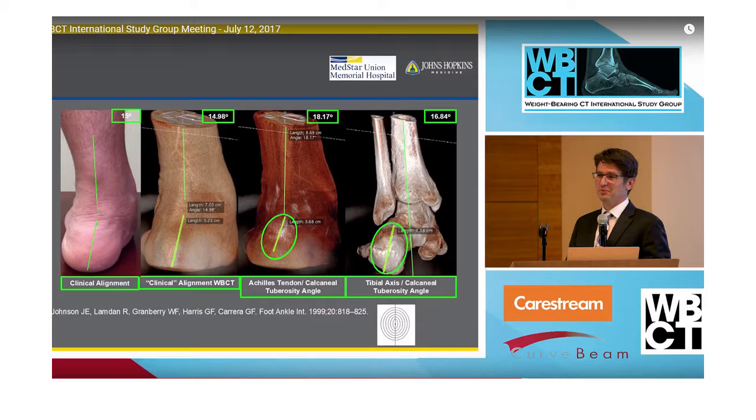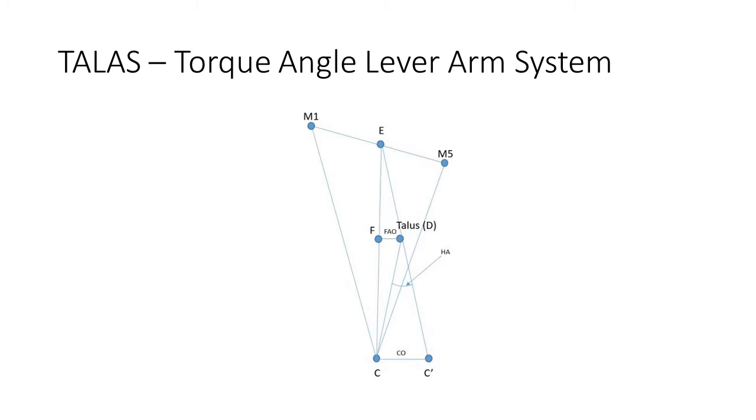What's really exciting is now that we have 3-dimensional rendering, we can get reproducible outcomes and measurements for these types of pathologies. One such measurement system or metric that's being used is called the TALAS, torque angle lever arm system. Basically what this describes is a pyramid, and they take the center of gravity through the talus and position that over the triangle that's made from the 2 metatarsal heads and the calcaneus.